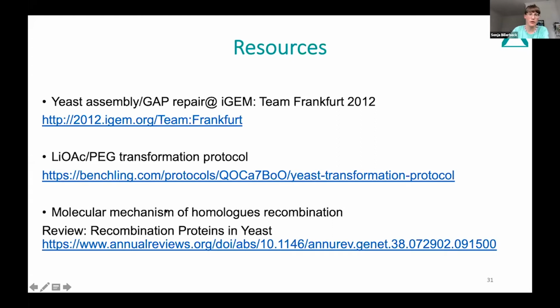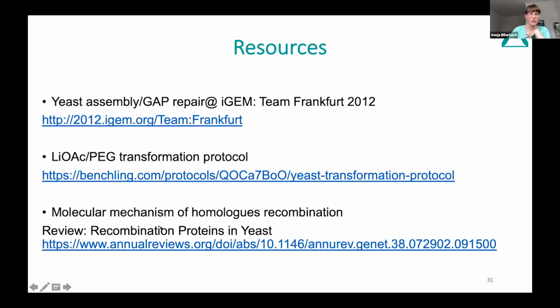And if you want to know a little bit more about the molecular mechanism behind homologous recombination, because I think it's really interesting, it's a very powerful tool. Also very important for the outcome of genome engineering, for CRISPR recombination, always very dependent on what mechanism of repair your host organism actually uses.